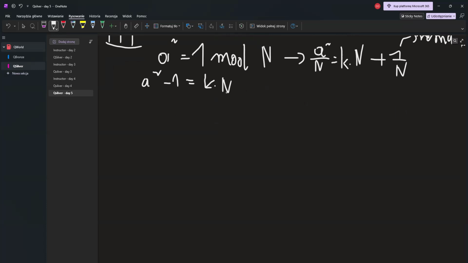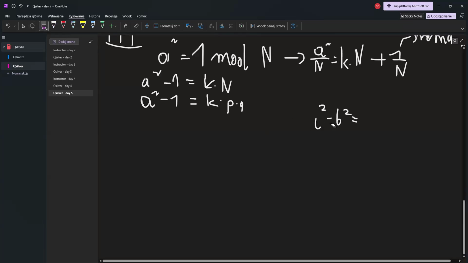Then we can substitute N by using p and q. So on the right-hand side we get k times p times q, and on the left-hand side A to the power of R minus 1. Now we can use the shortened multiplication formula. So maybe I will use x and y here.